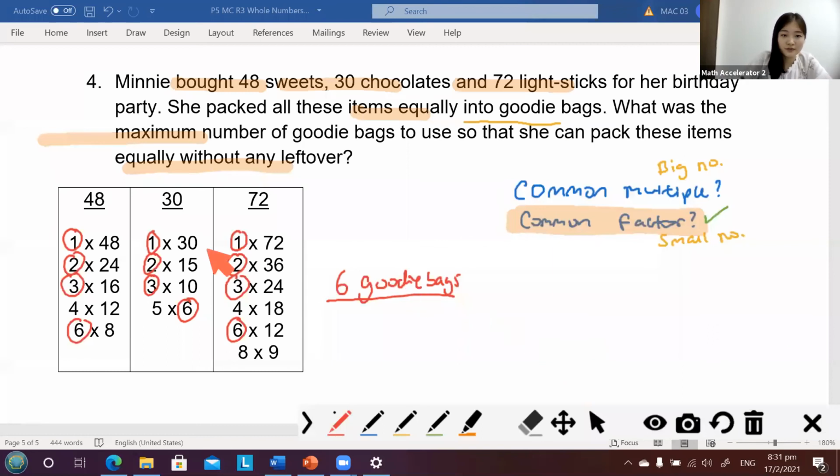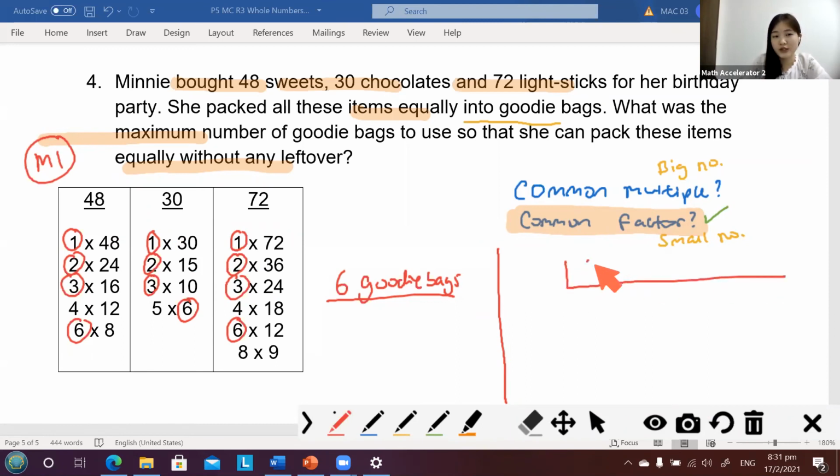So this is method 1. There is another method, which is the step ladder method. If you are okay with listing, you go ahead and do listing. The other method, you have 48, 30, and 72. This is method 2.